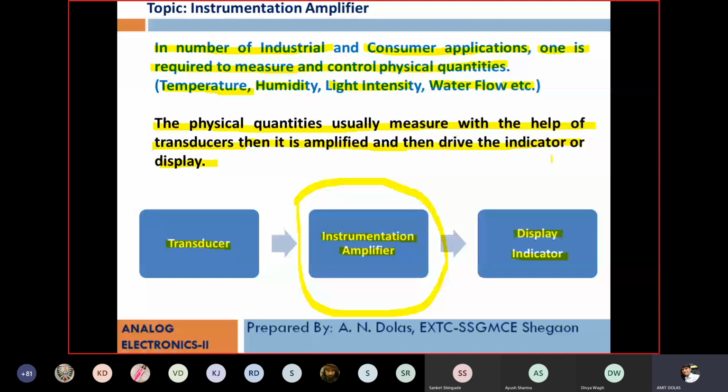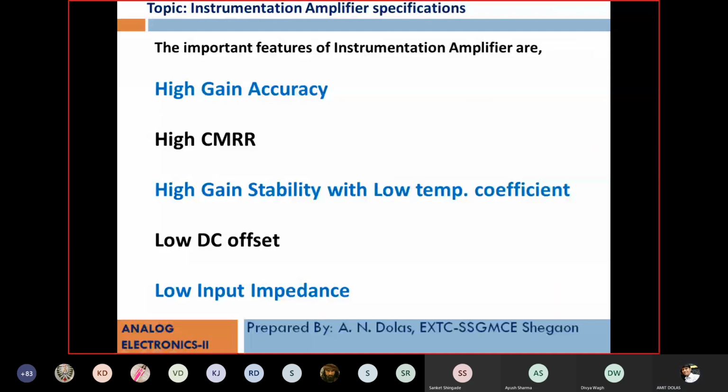It is not a simple amplifier like a transistor. We have to think of so many characteristics of the amplifier. So the important features or characteristics of an instrumentation amplifier are: one is high gain accuracy.